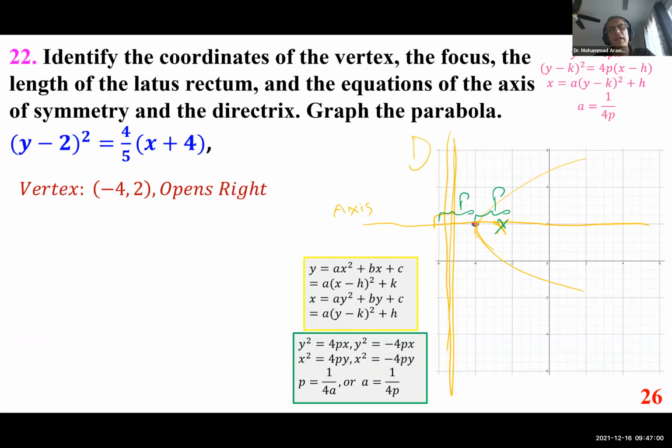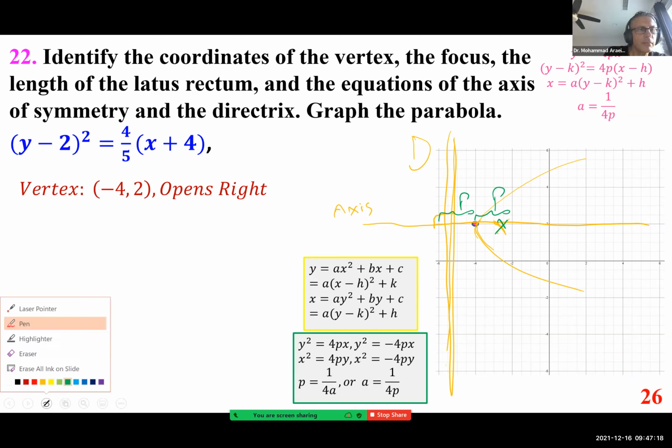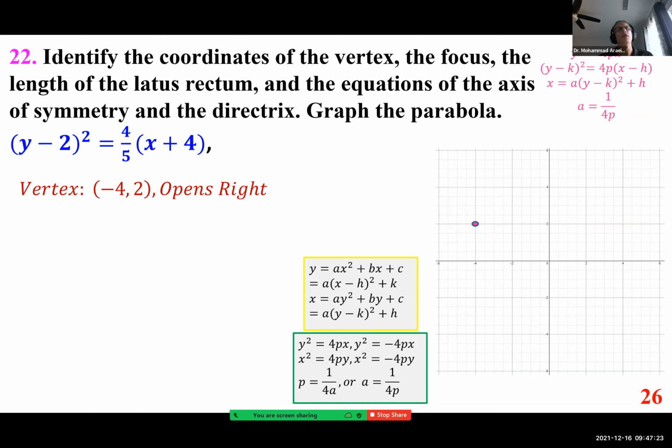So you expect the graph to look something like that. That's the idea. Let's erase all of it and take it from there. So you already have an idea how it looks.